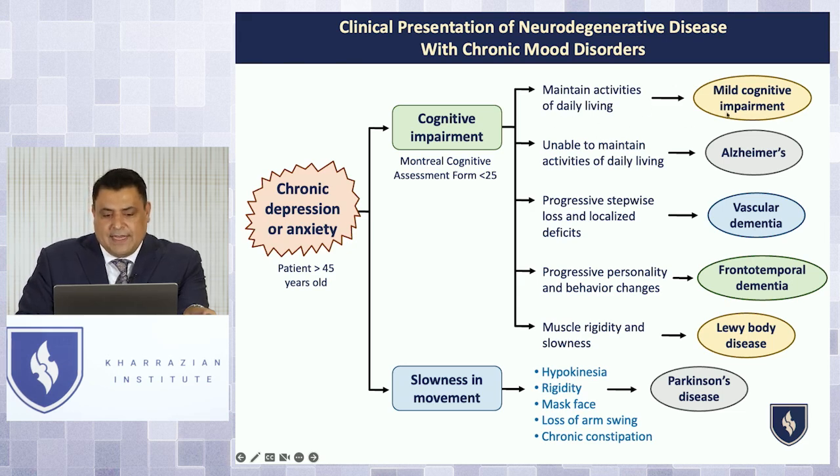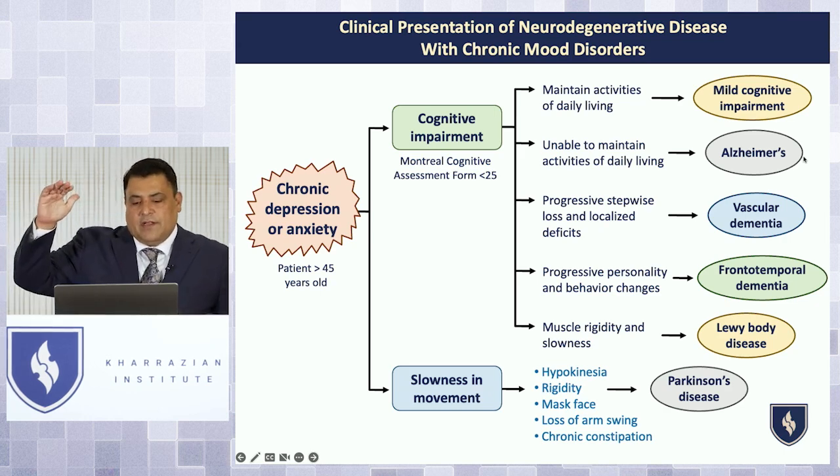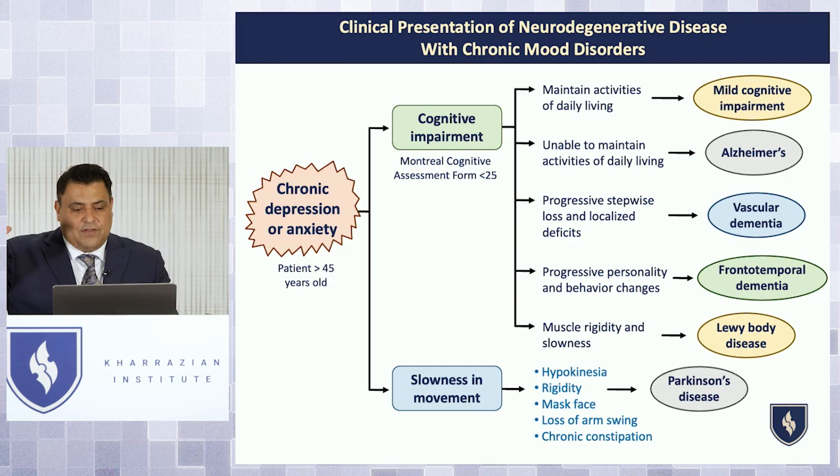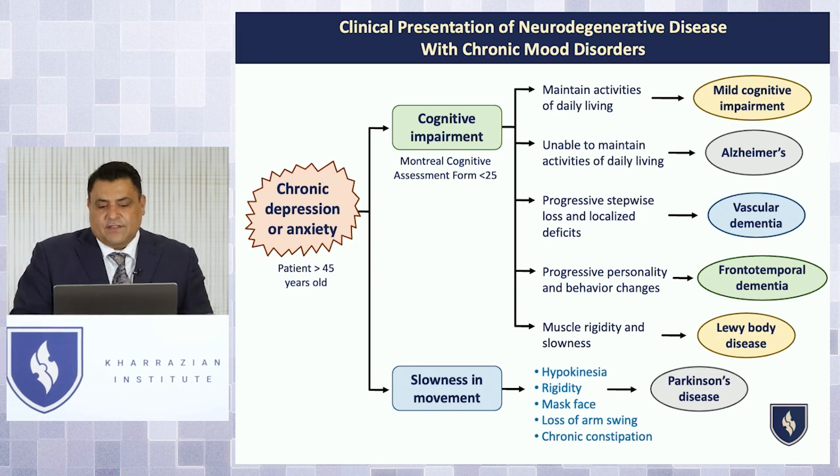If they're unable to maintain activities of daily living, like they need to be driven to doctor's appointments, they can't find directions anywhere, they need help with their bills, they're starting to lose activities of daily living, then they're heading into the dementia, Alzheimer's pathway. If they have stepwise, localized deficits, like all of a sudden they get a little bit of slurred speech and then it comes back to normal, then all of a sudden they get a little bit of dizziness and then it comes back to normal, those are signs of vascular dementia.